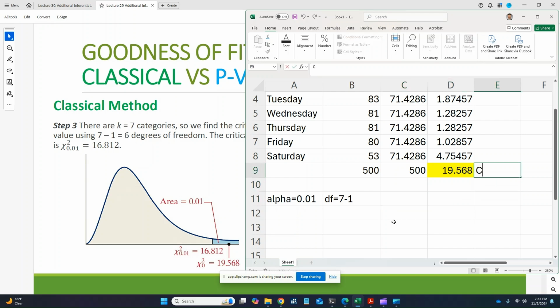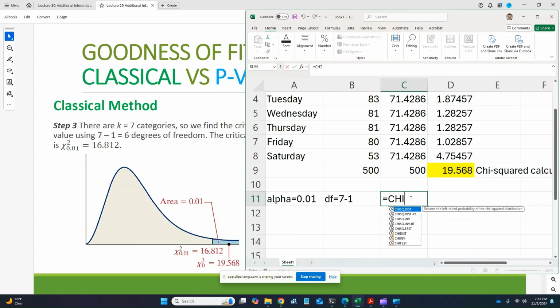Let me write this down. This is chi-square calculated, but we want the critical chi-square. So for that, we choose chi-square dot inv dot rt.